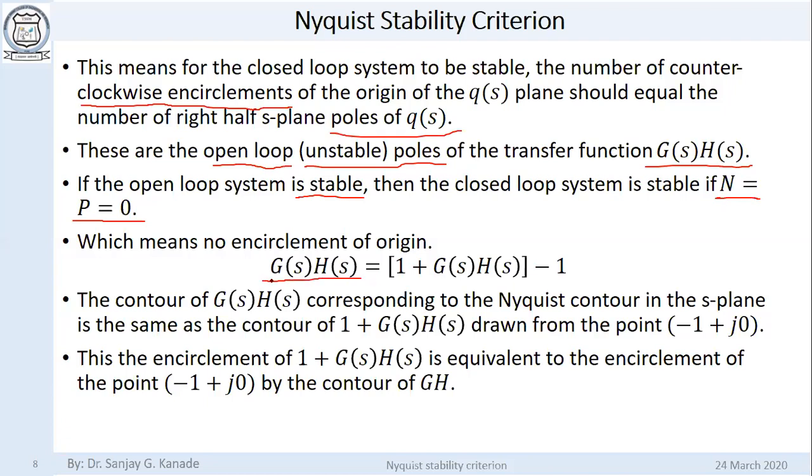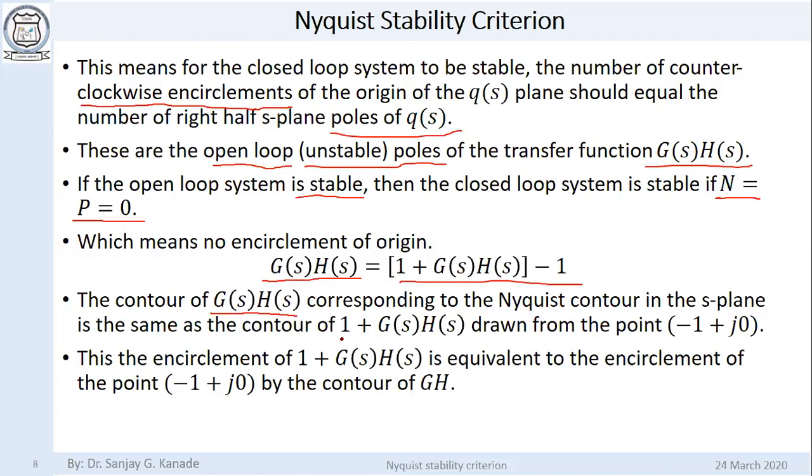If you just take a look at this, G(s)H(s) is equal to 1 plus G(s)H(s) minus 1, right? So we are talking about the contour of G(s)H(s), the origin encirclement in case of the 1 plus G(s)H(s) contour.